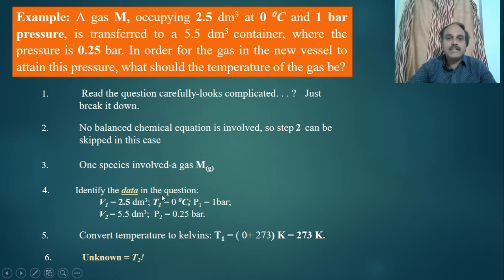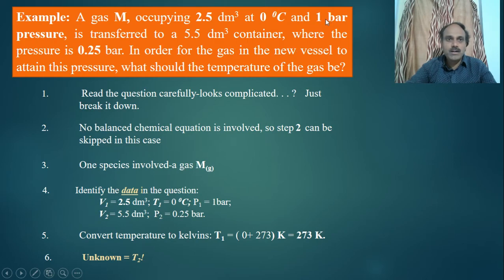Then identify data in the question. Yes, there is a gas occupying 2.5 dm³, this is volume, so let 2.5 dm³ be V1. The temperature at which this gas is occupying is 0 degrees Celsius, let it be T1.